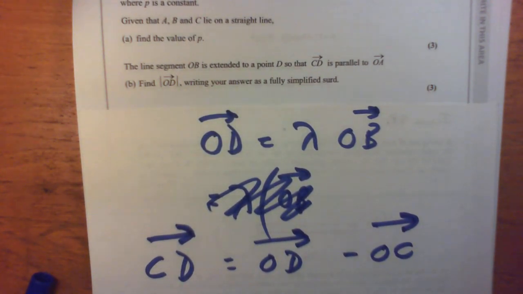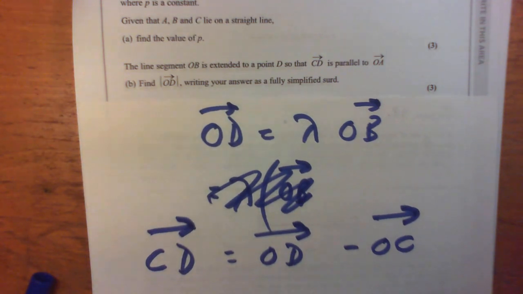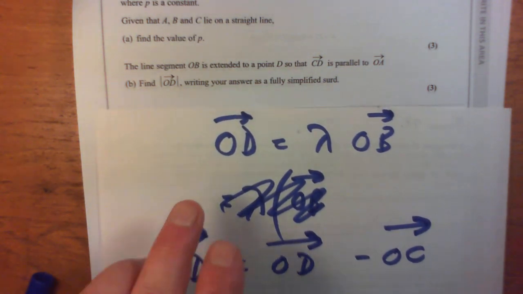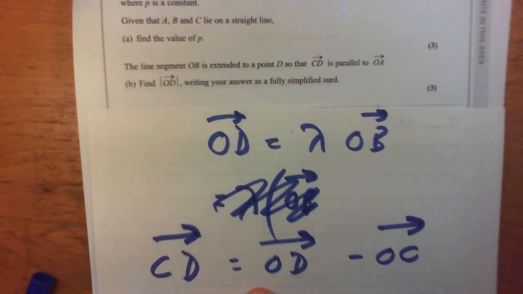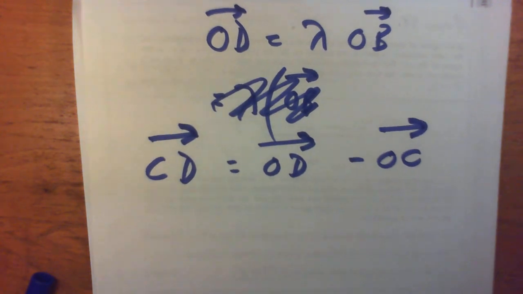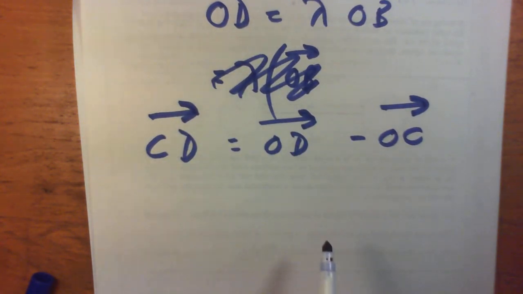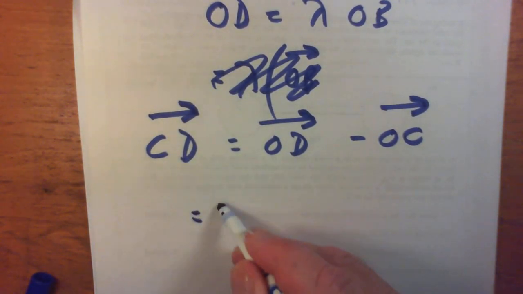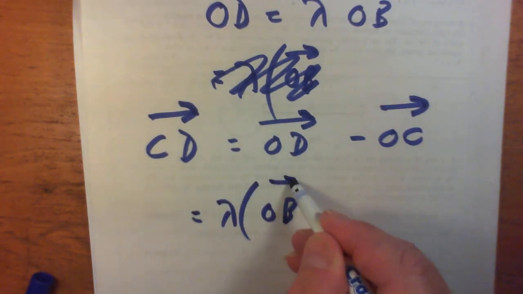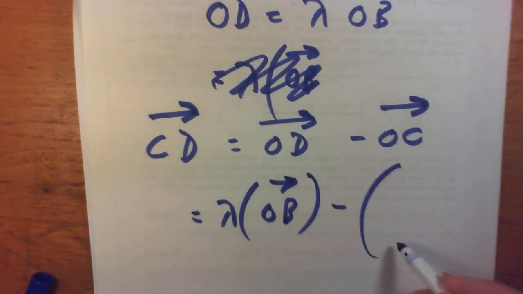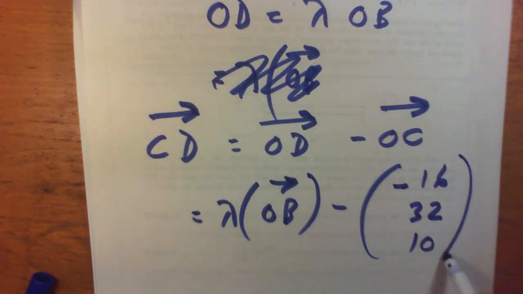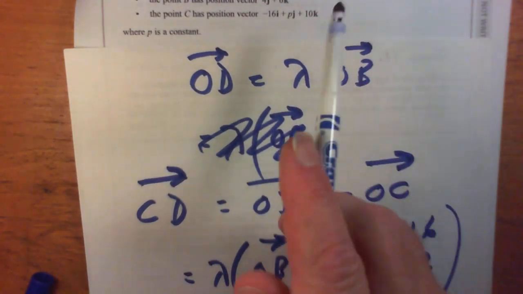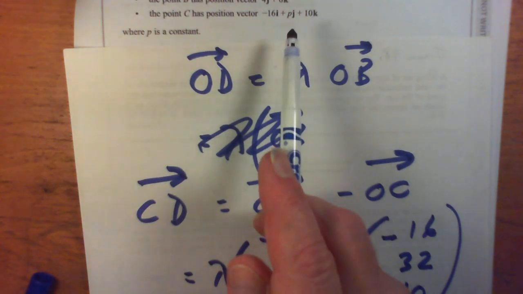CD is mentioned in the question as being parallel to OA, so it'll be helpful if I can work out what CD is. I know what OD is from here, and CD is given by this. Which equals, from above, OC, which is just from here, using the value of P that I've worked out.